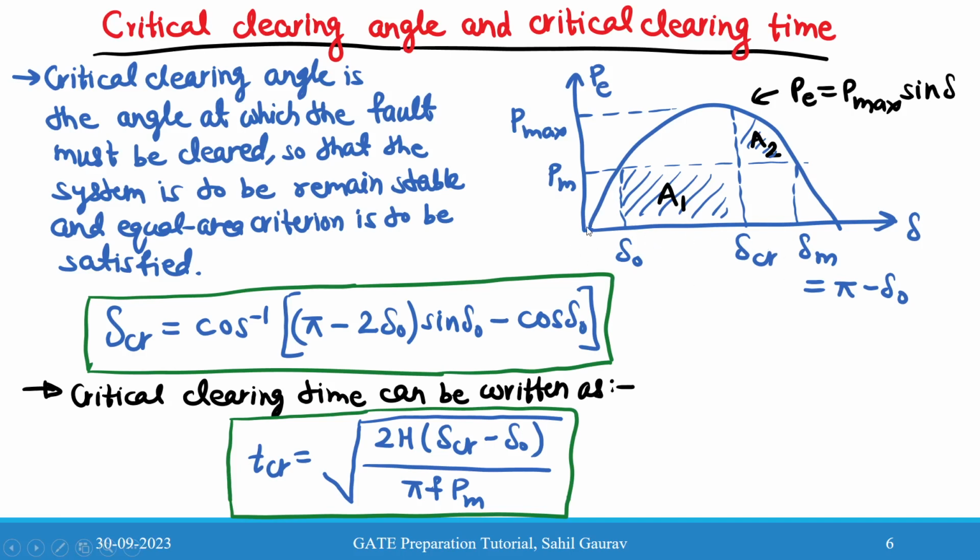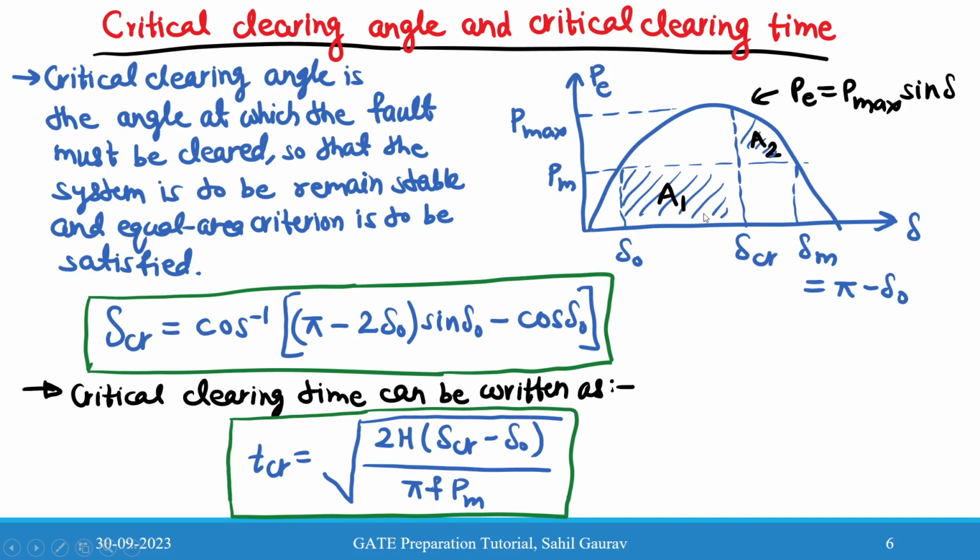This is for a single machine connected to an infinite bus system. There are different chances like that. If there are parallel lines connected between the generator and the load side, the infinite bus, then there is a different scenario. I have taken this single machine system connected to the infinite bus, so that's why I made this figure. This critical clearing angle is applicable to this case only.